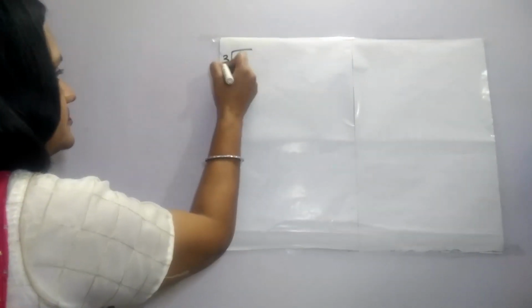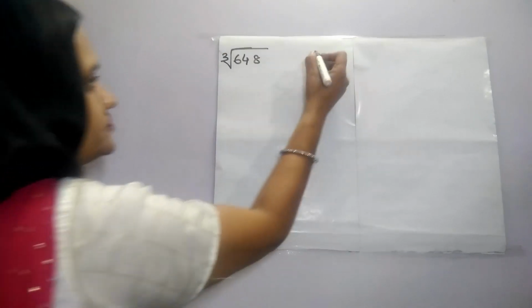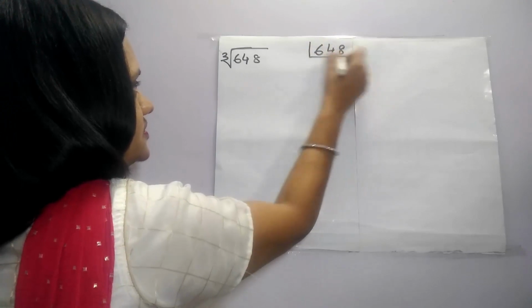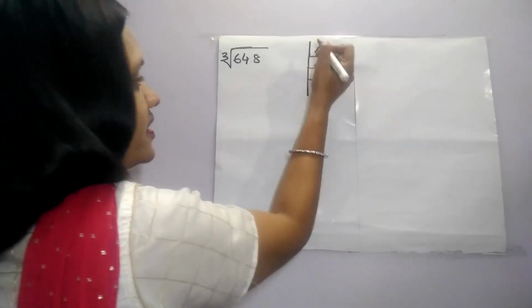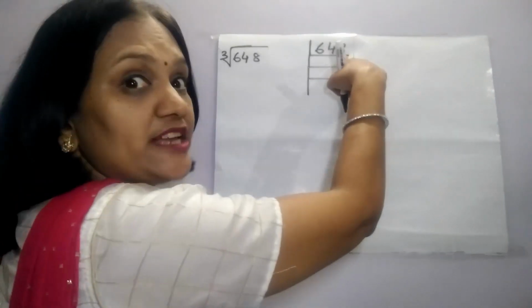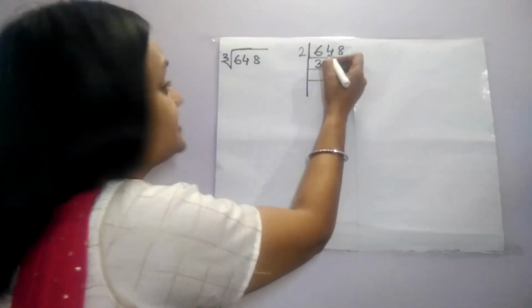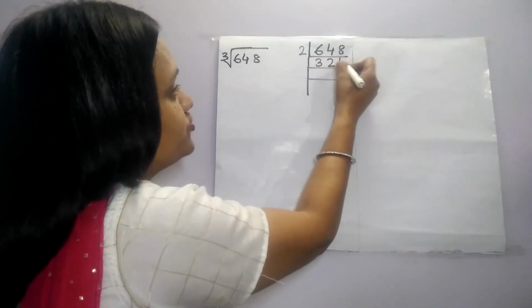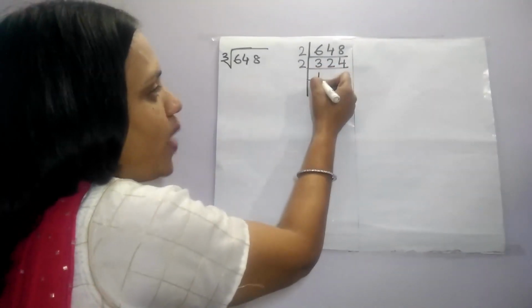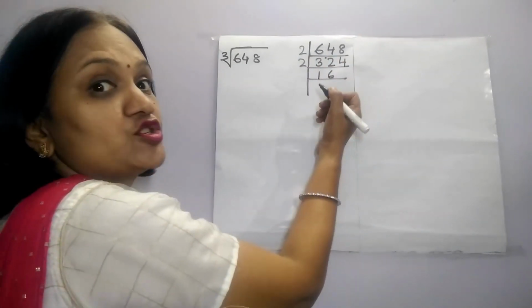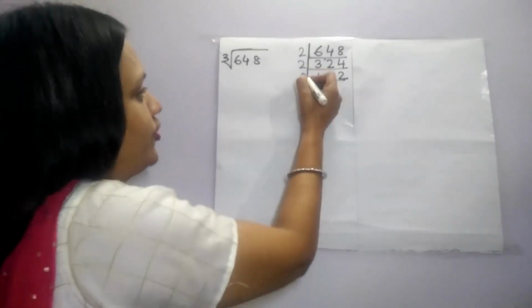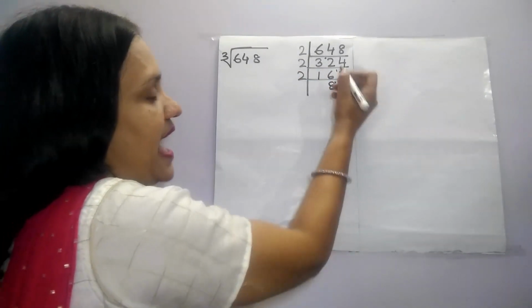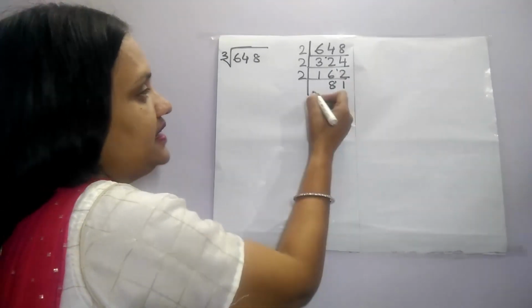Let's check whether 648 is a perfect cube, whether it is the cube of a natural number. 648 is divisible by 2. 2 threes are 6, 2 twos are 4 and 2 fours are 8. 2 ones are 2, 2 sixes are 12, 2 twos are 4, 2 eights are 16 and we get 2 ones are 2.